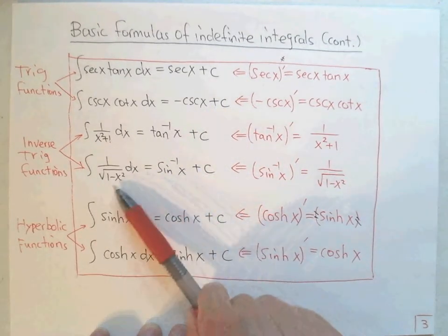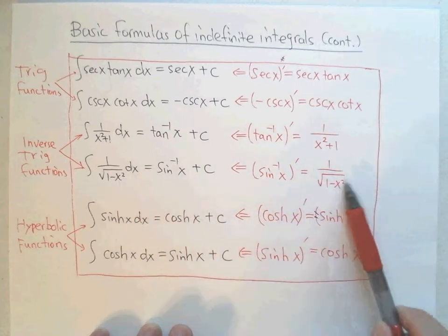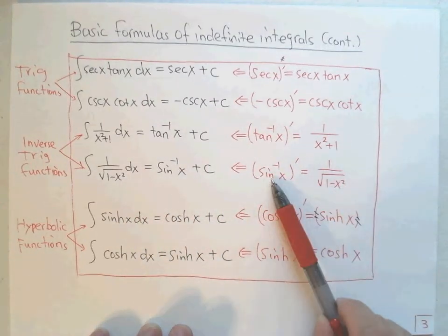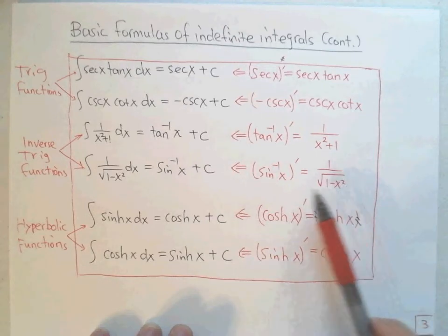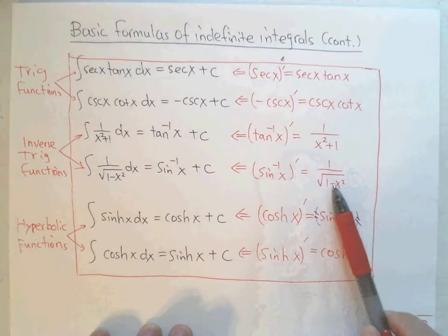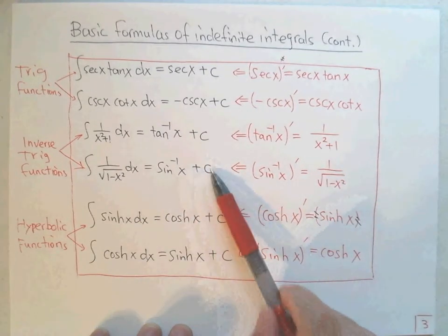The same for 1 over square root of 1 minus x squared. See, that's the formula. Inverse sine take a derivative goes to 1 over square root of this. If we have this, it means inverse sine is the antiderivative of this, and then plus c.